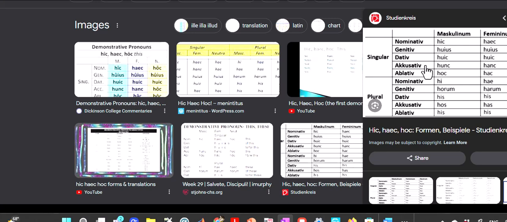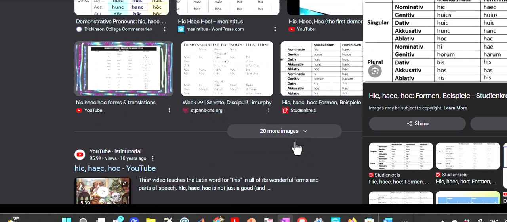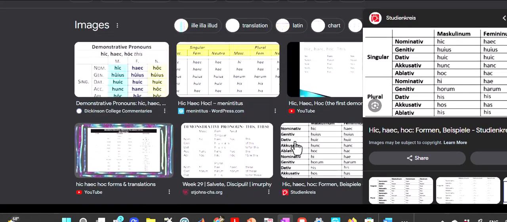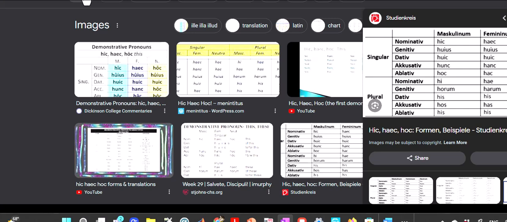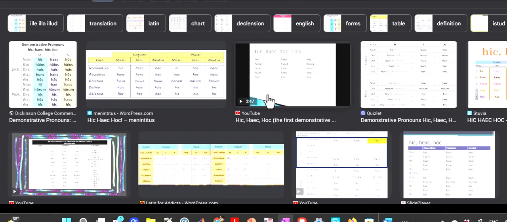Oh, look at this. It's accusative. I wonder what language that is in. Let's see. Okay, so let me get a nice hic, haec, hoc. There, that's a good one.